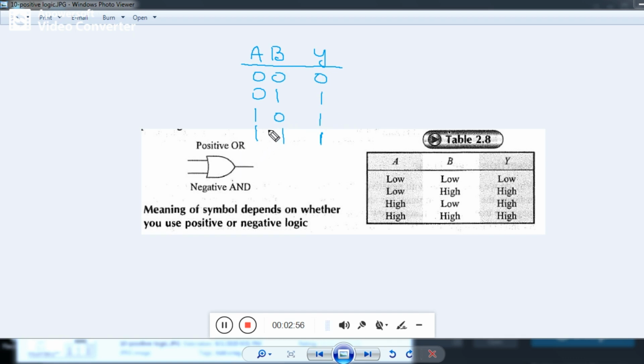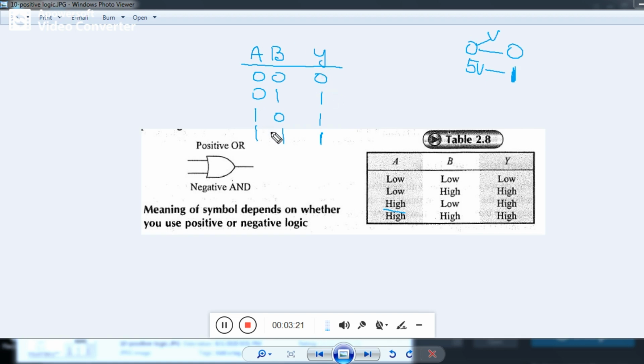Now here, 0 is used to represent a low level voltage and 1 is used to represent a high level voltage. Suppose in the digital circuit you use 0 and 5 volt, then we use binary 0 to represent 0 volt and 5 volt is represented by binary 1.